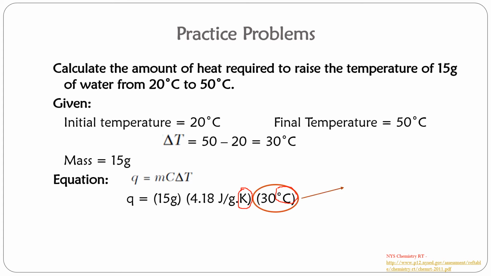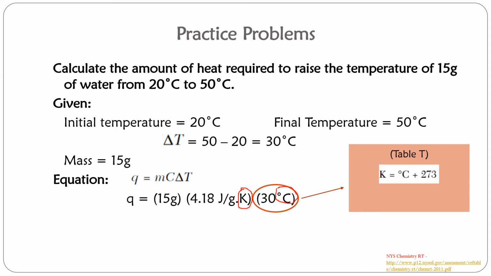So remember that we are given the equation to convert Celsius temperature into Kelvin temperature in table T. And this is what the equation looks like. K equals whatever temperature you have in degrees Celsius plus 273. So in this case, we have 30 degrees Celsius plus 273, and we will get our temperature in Kelvin to be 303.